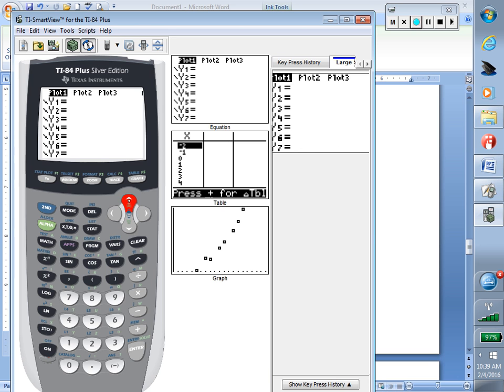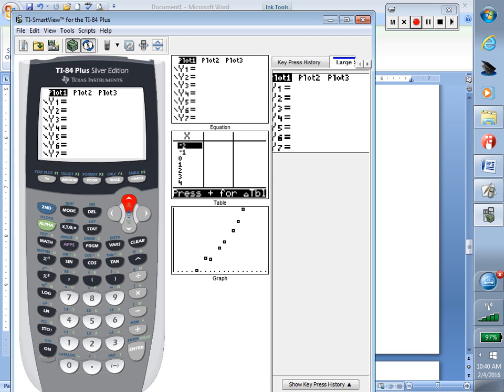The other thing you want to make sure of, especially since a lot of my other classes use these, up at the top you see plot 1, plot 2, and plot 3. One of my classes has been doing a lot with scatter plots, so a lot of the calculators have them turned on, which means they're highlighted. What you need to make sure of is that none of the plots at the top of your screen are highlighted.